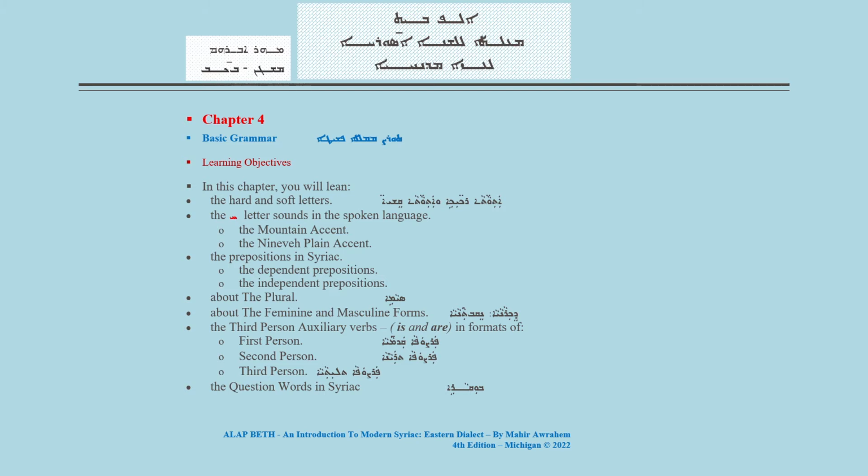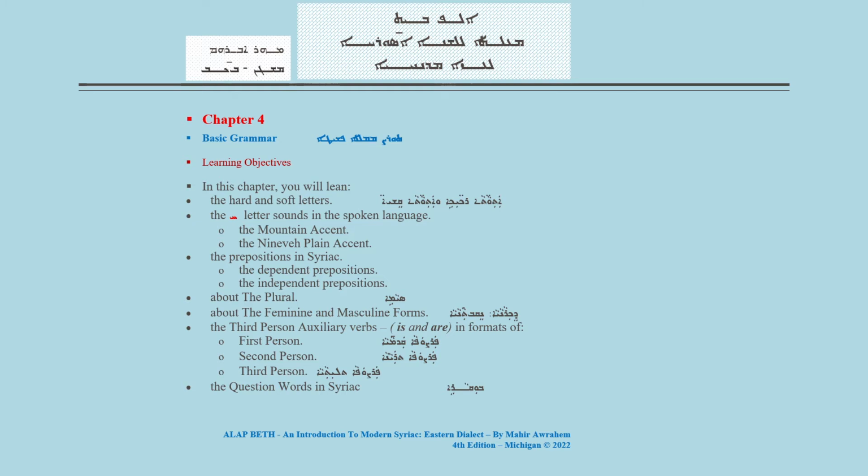When we have a big dot, we put a big dot as a modifier on top of that one. And we're going to study the two major accents in the Eastern dialect, the mountain accent and the Nineveh plain accent, about this letter ḥ.